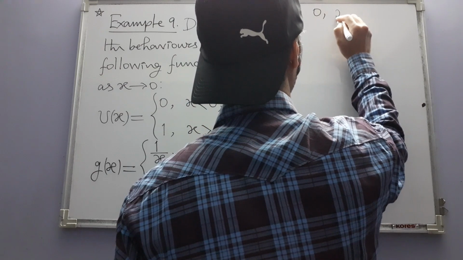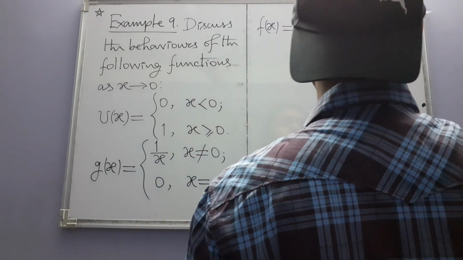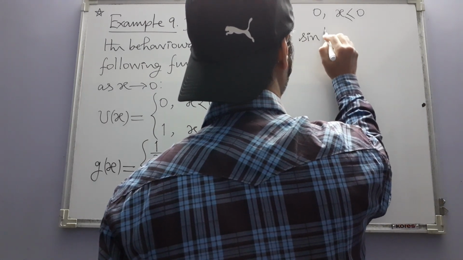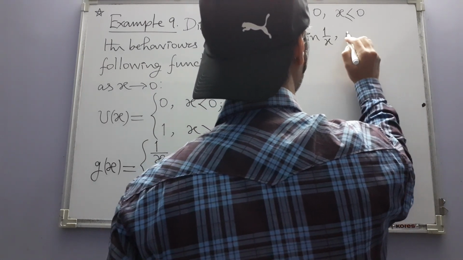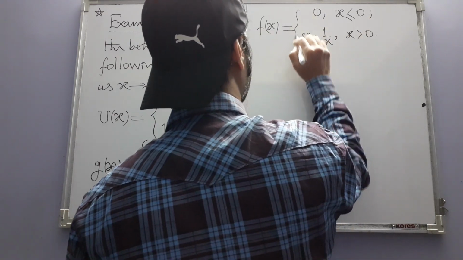It is 0 when x is less than or equal to 0, and sine 1 over x when x is greater than 0.